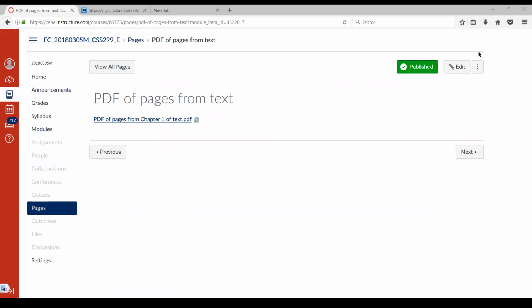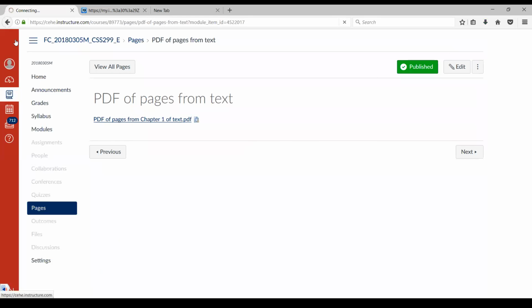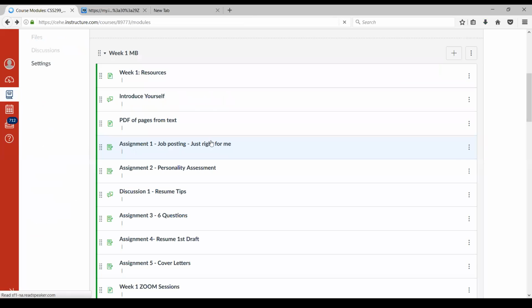We will go through those in a bit ourselves. Basically right now, what I want to do is quickly review what we need to do this week.